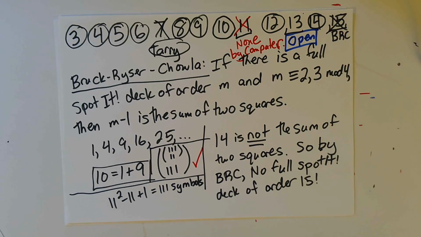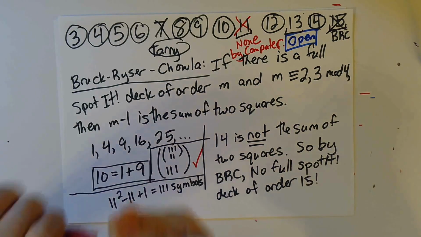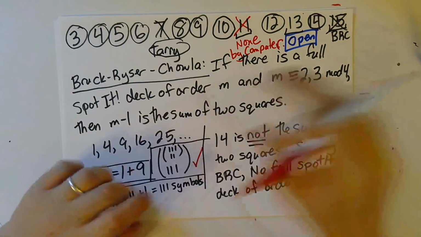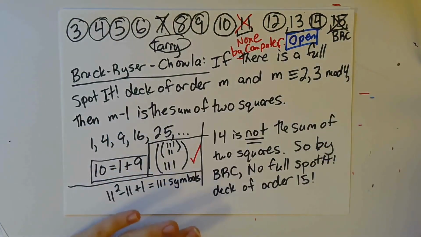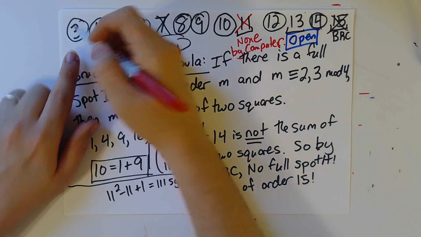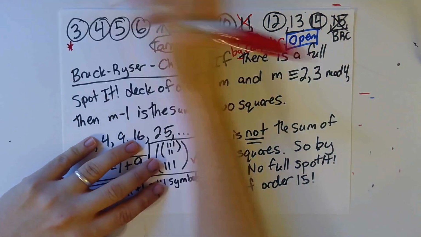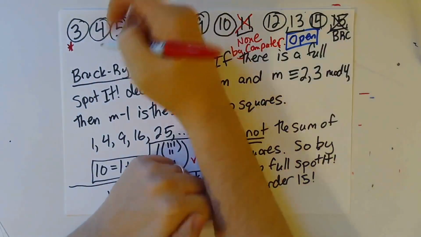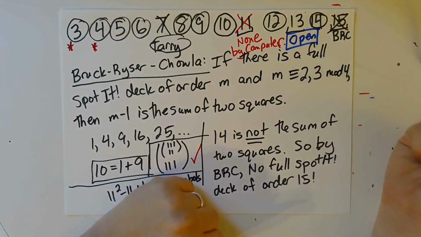So, reminder, the ones that are constructed out of finite fields are called the Desarguesian full spotted decks, or the Desarguesian planes, if you want the technical language. You can check that for order 3, there are only the Desarguesian spotted decks. For order 4, there are only the Desarguesian spotted decks.